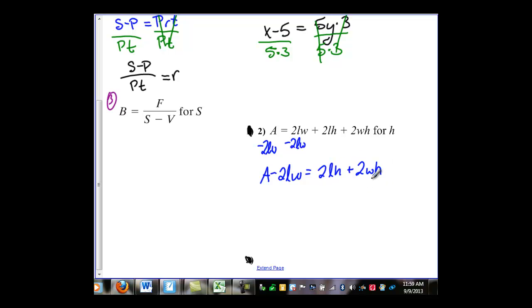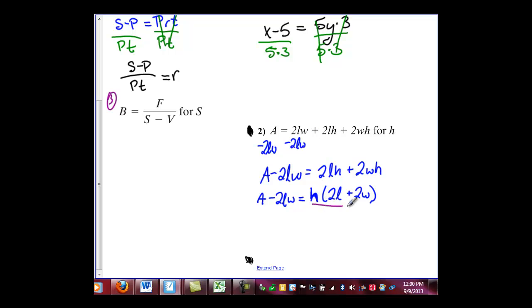Any ideas how to get that H out of 2 parts? So what they're saying is basically we can just factor out the H. So we're going to end up with A minus 2LW equals H times 2L plus 2W. Well, once we get it like this and we just have one H over on the right-hand side, what can we do?